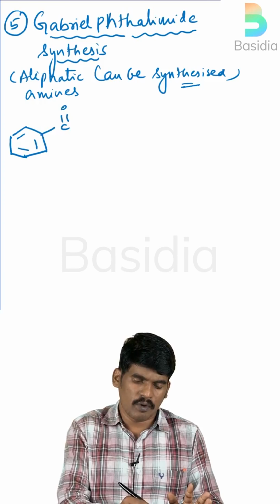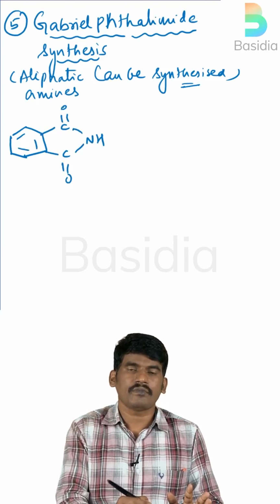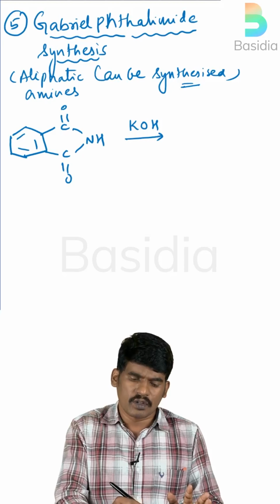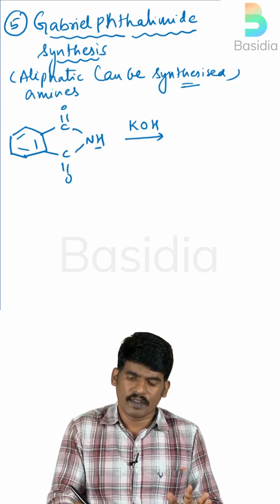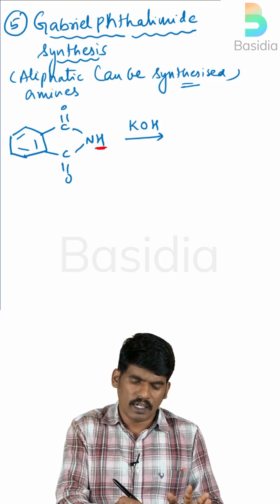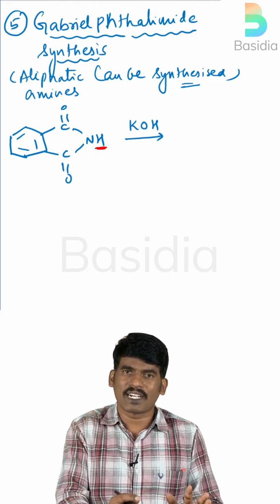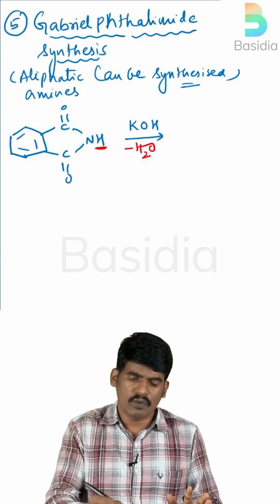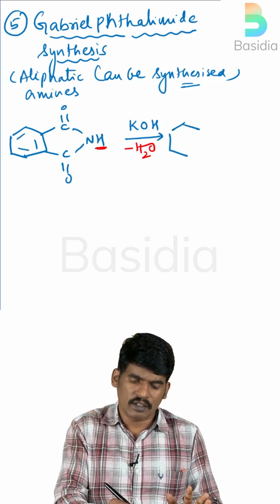that is C double bond O, NH, treated with a base, that is KOH. So there is an acidic hydrogen, right? This hydrogen is acidic. And this acidic hydrogen is abstracted by the base, removed as water. If it is removed as water, you get a salt.